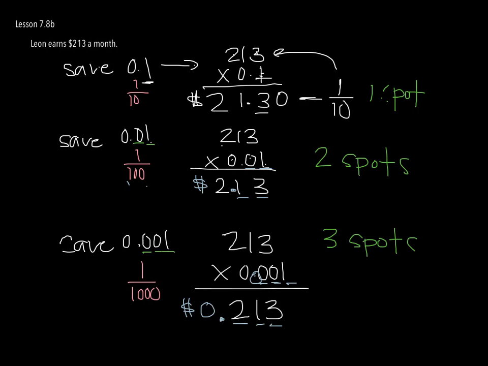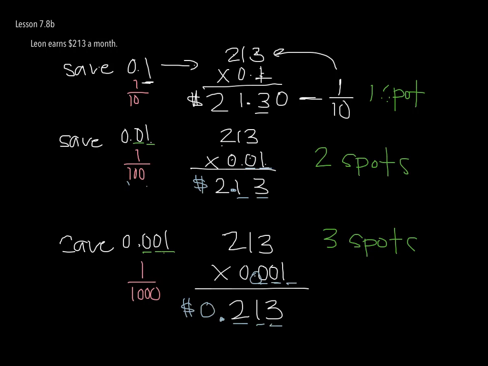Now, notice, boys and girls, aside from moving our decimal point, what did we do to the number? Did we change it at all? No, because we're just basically multiplying it by 1 and then shifting the decimal point either to the right or to the left, depending upon what we're doing.